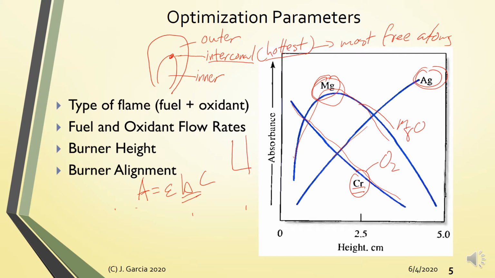Now, in Flame-AAS, since the flame is your sample holder, you can tilt the burner head. If you're orienting it this way, you are allowing light to pass through the whole length of the flame. So in this case, you are doing your measurement at the maximum cell path length available for this particular burner head.